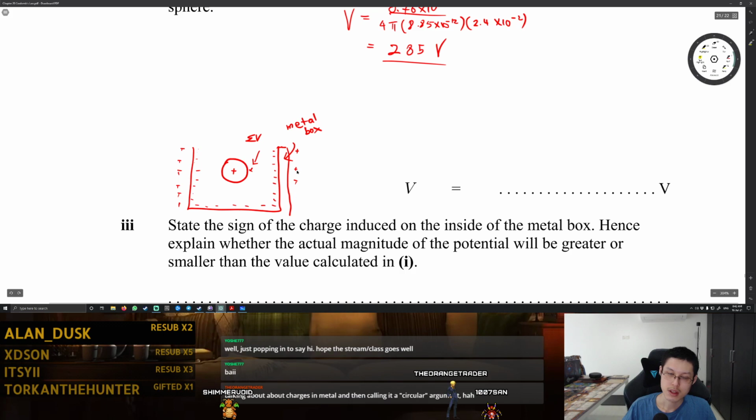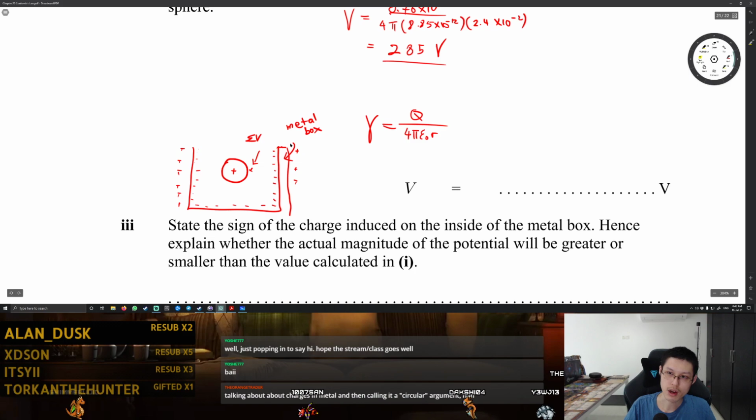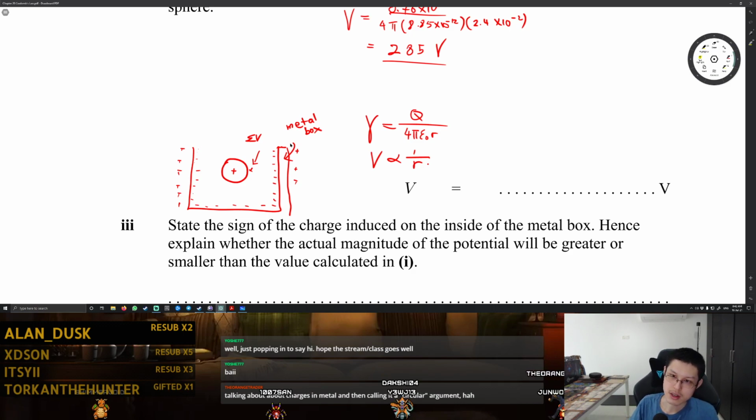So the negative charges are going to contribute a bit more than the positive charges, because they're closer to this point over here. Because remember, the electric potential is Q over 4 pi epsilon r. So V is inversely proportional to r. So the smaller r is, the greater the contribution to V is going to be.